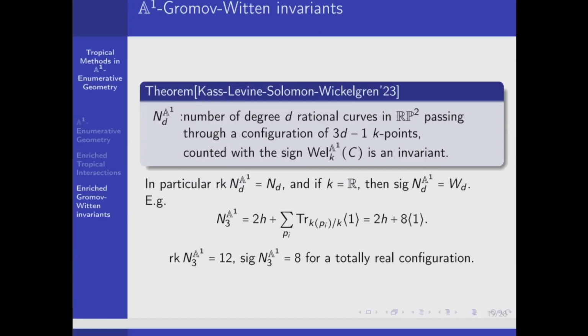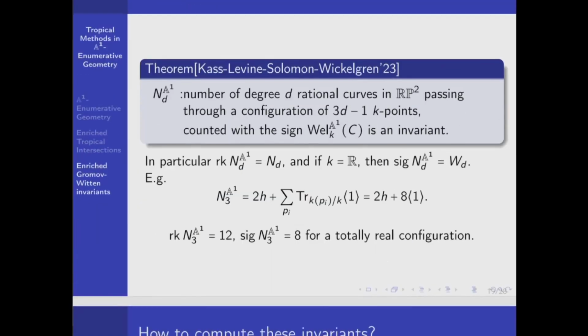And then what they have is that the rank of this A1 Gromov-Witten invariant is the complex one, and when your field is the reals, the signature coincides with the Welschinger invariant.